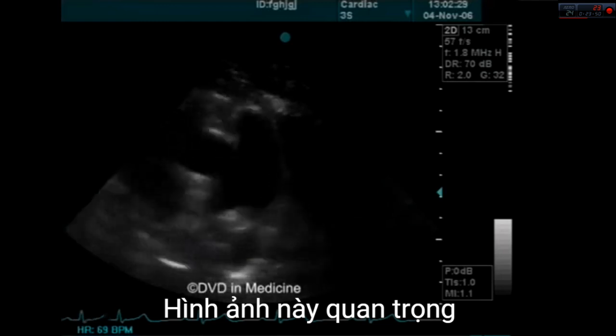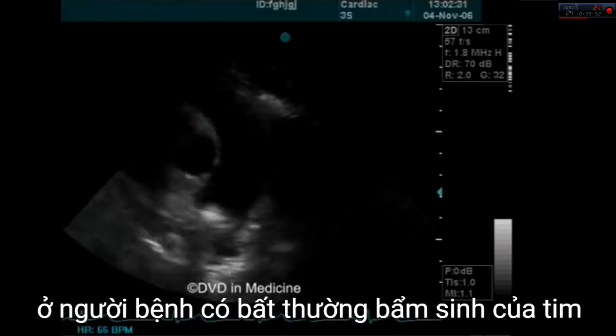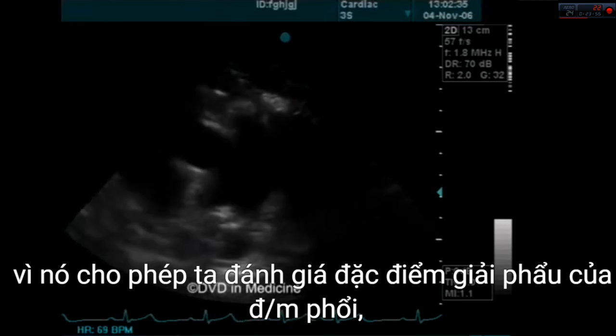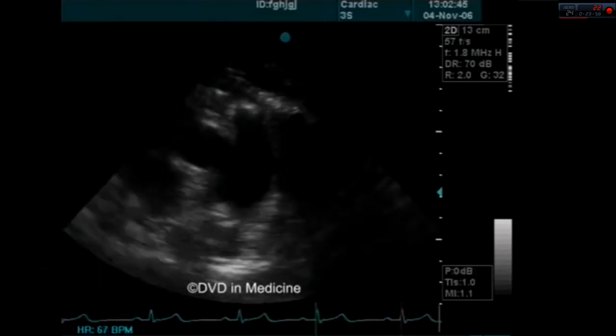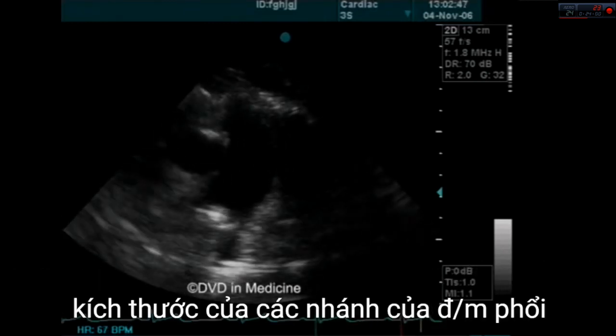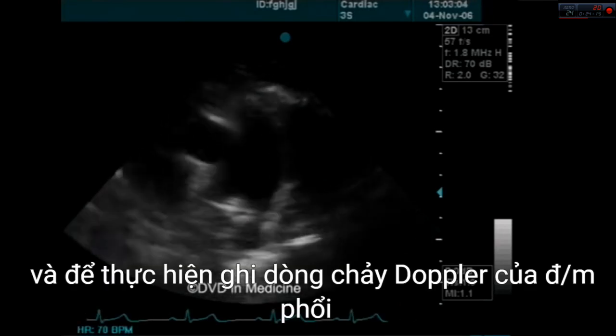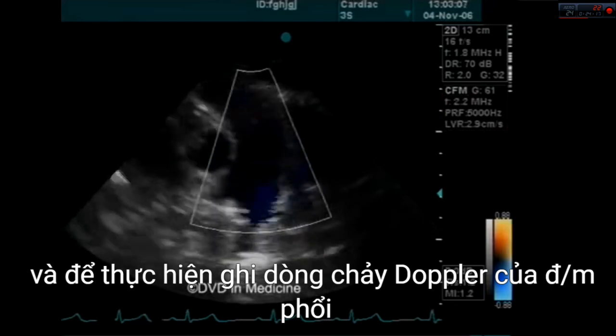This image is important in patients with congenital anomalies of the heart because it allows one to evaluate the anatomic features of the pulmonary artery, the diameter of its branches, and to perform Doppler flow recordings in the pulmonary artery.